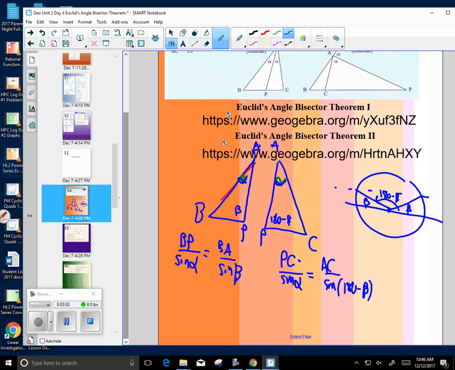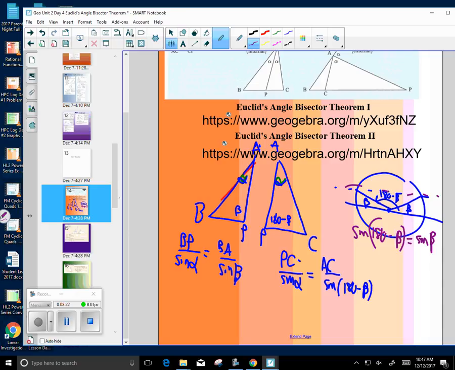Now, what did I say about the sine of 180 minus beta? That's equal to the sine of beta, because it has the same y value, so the sines are going to be the same.